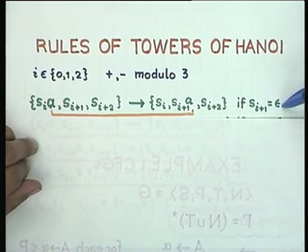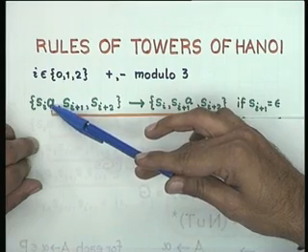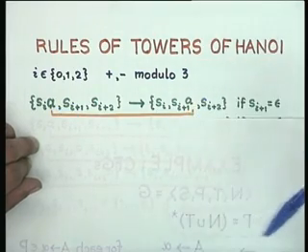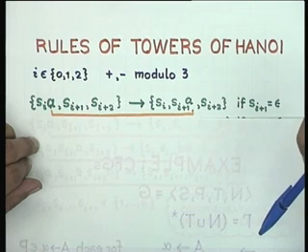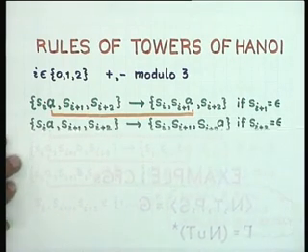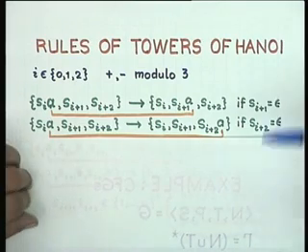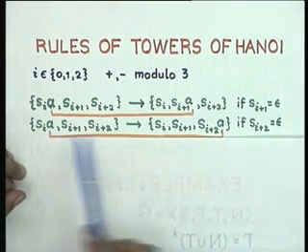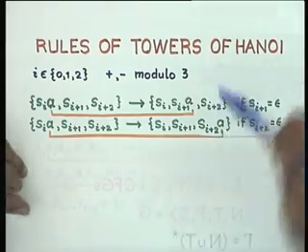If the tower i plus 1 is empty, then the top peg A from i can be moved to i plus 1. Similarly, if i plus 2 is empty, the top peg A could be moved to i plus 2.